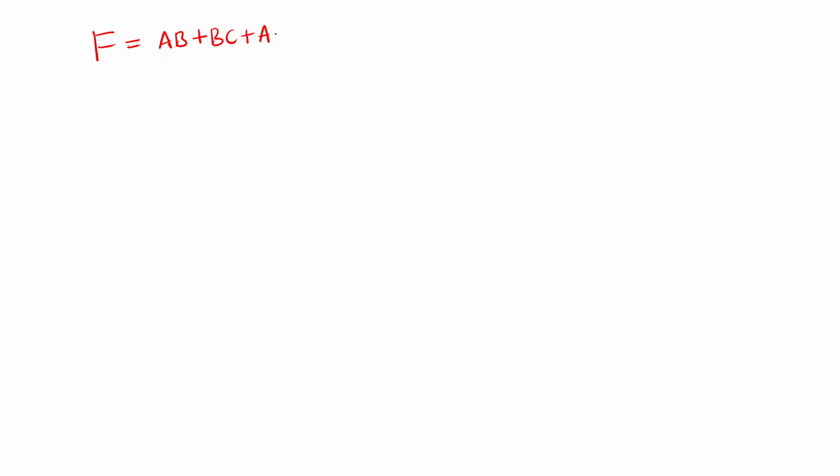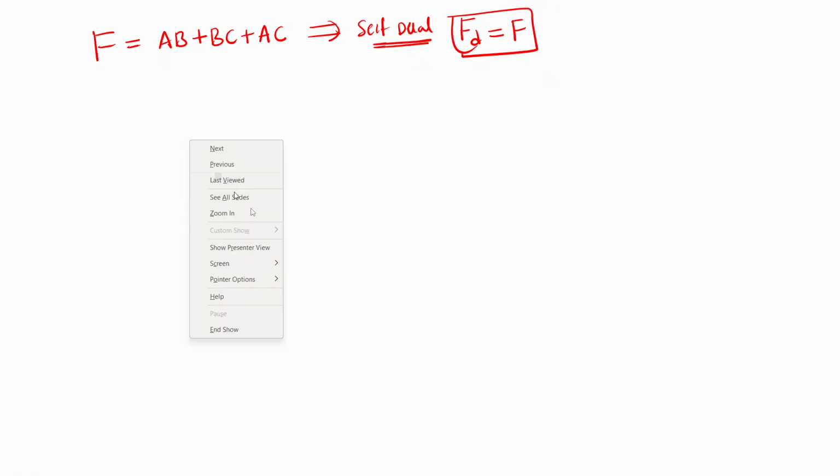Find out whether this is self dual. What is self dual? Self dual means if you apply the dual of this function, then you should get the same function. Then it is called self dual.